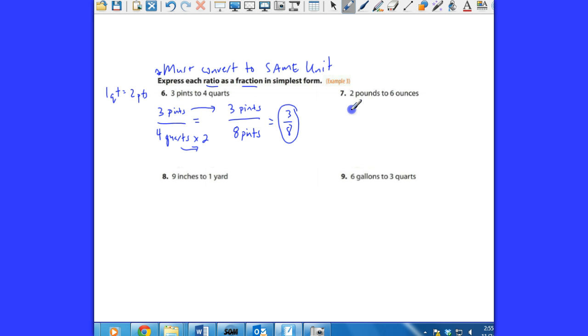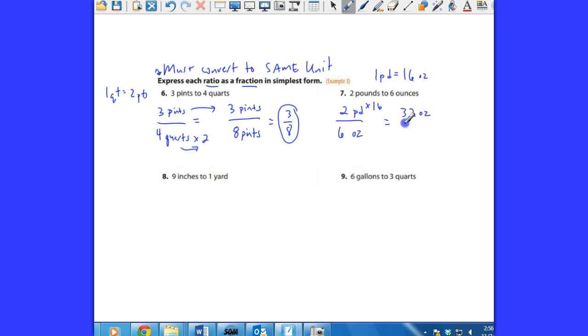If you're confused, maybe this will help. Here it says compare 2 pounds to 6 ounces. On the other side of your paper, what we told you is that 1 pound is equal to 16 ounces. So we can't do anything here until I change the pounds to ounces. Since 1 pound is 16 ounces, 2 pounds would be 32 ounces.